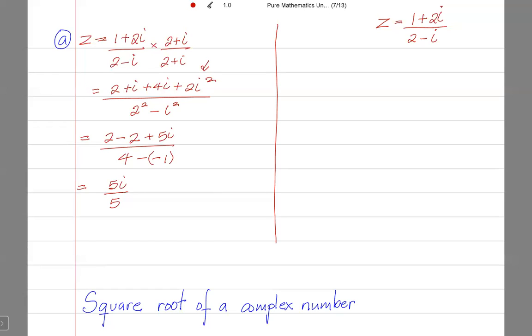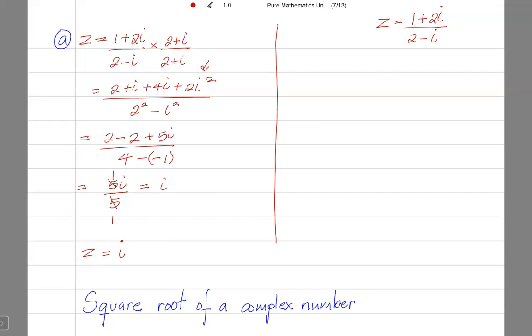So the complex number z, which is 1 plus 2i divided by 2 minus i, that complex number works out to be just i. So it means that z is just the complex number i.